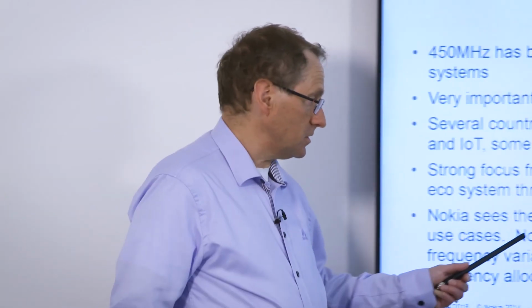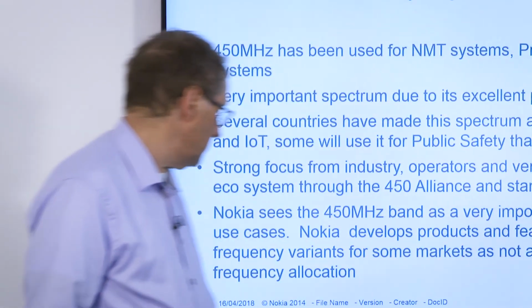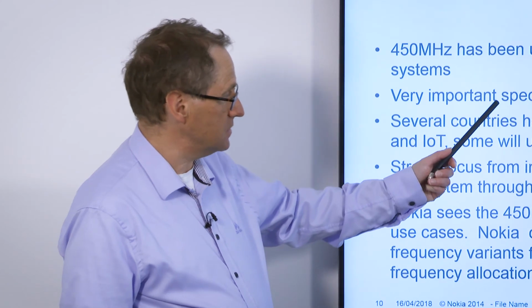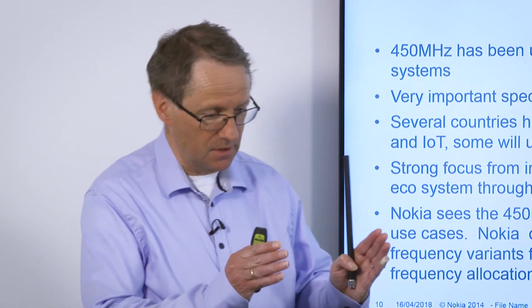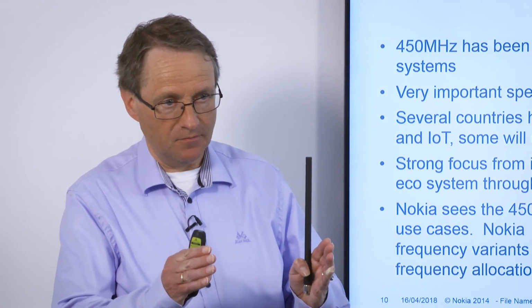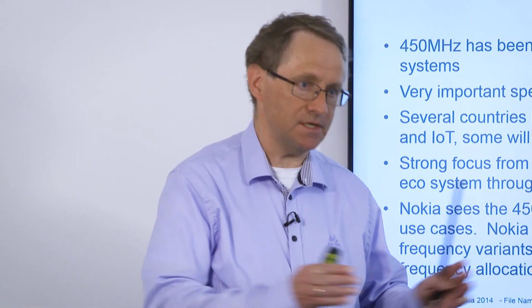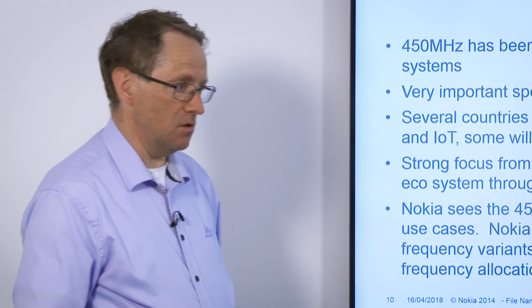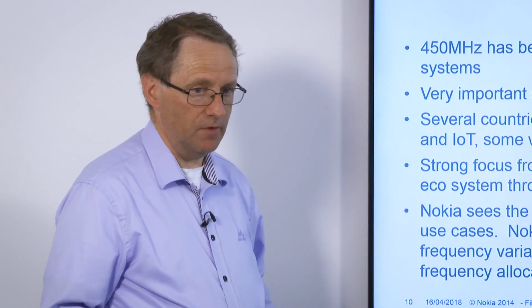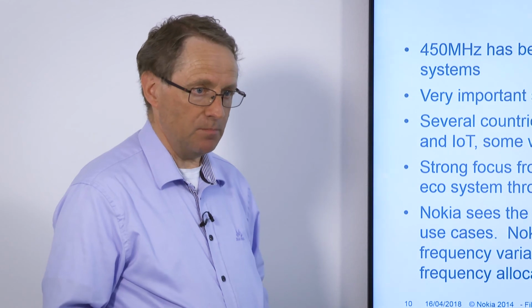We develop products and features for the band and even frequency variants due to the fact that this has been used for some private mobile radio. The 450 in some countries it's moved a little bit upwards, what's available. In some others it's a little bit downwards, but it is in the same area. So therefore we can easily make some new variants of the equipment we have.